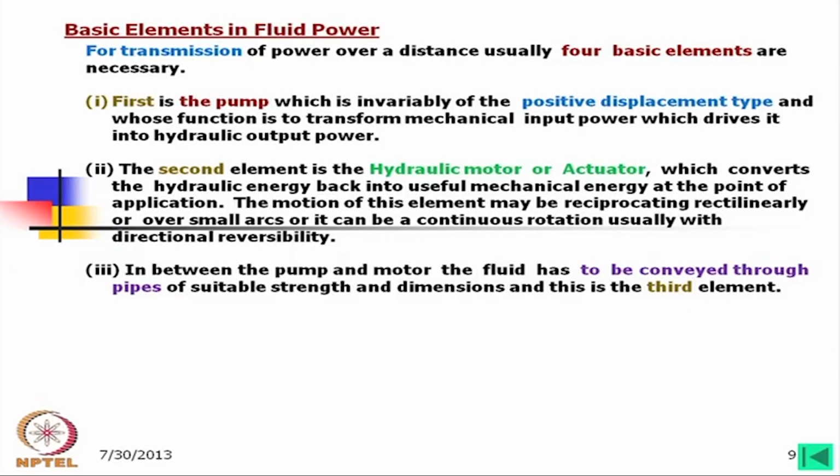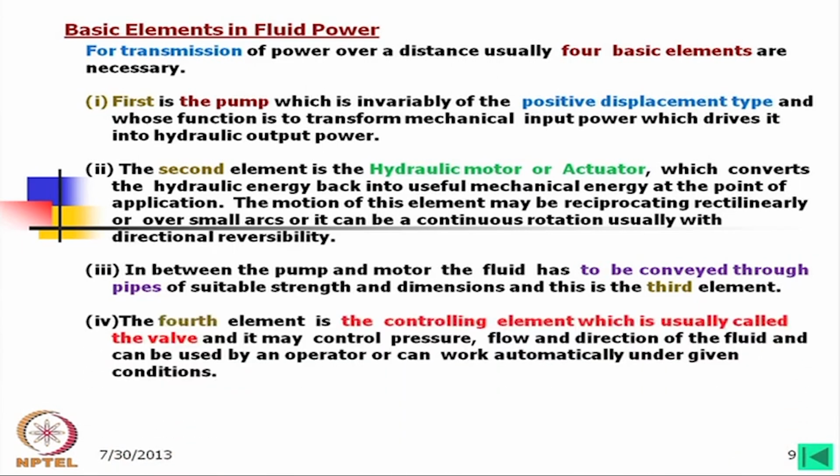In between the pump and motor, the fluid has to be conveyed through pipes or conduits of suitable strength and dimensions, and this is the third element. The fourth element is the controlling element, which is usually called the valve, and it may control pressure, flow and direction of the fluid, and can be used by an operator or can work automatically under given conditions.